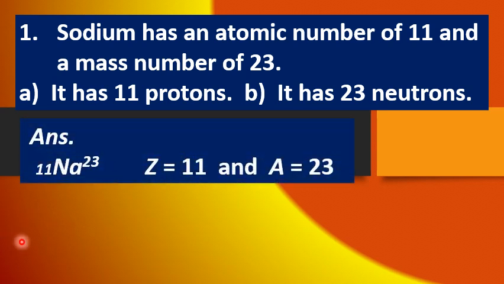So to answer this question, we can write the chemical symbol of the element sodium as shown. The subscript capital Z, or the number of protons, of sodium is 11, while its mass number, capital A, is 23.